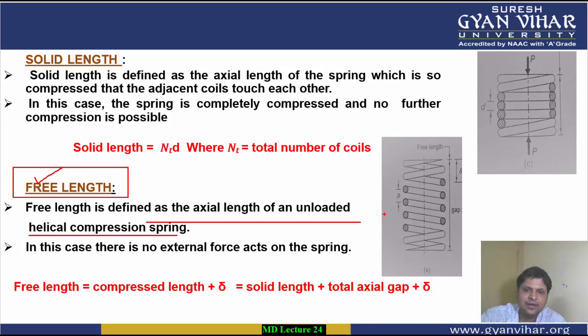It means the natural length of a spring when it is not loaded with any force, if it is placed in a vertical direction. And here we don't consider any external force acting on the spring.